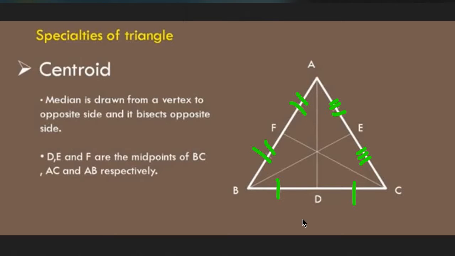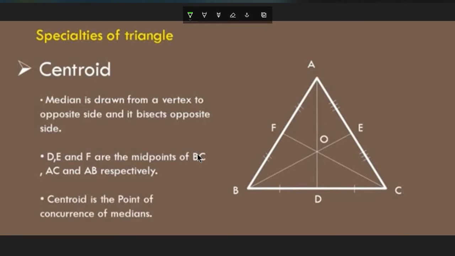That is the meaning of the midpoint. So these are called medians, and wherever they are meeting, that point is called the centroid of the triangle.